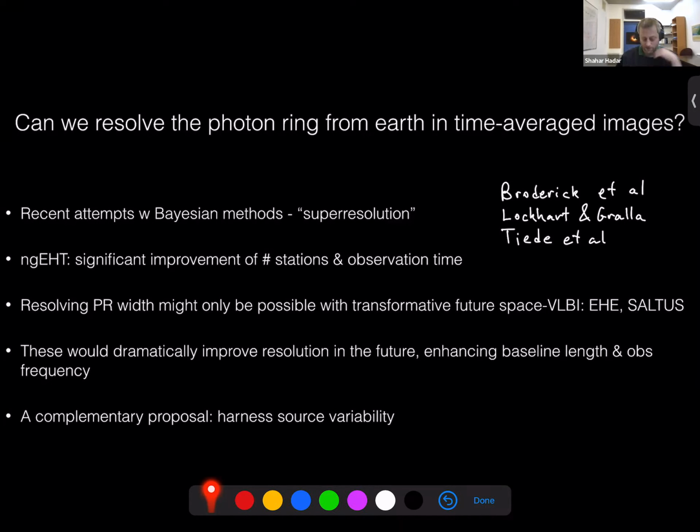Recently, these three groups studied the question of whether, using some Bayesian analysis methods or super resolution methods, we can still hope to resolve the photon ring with the ngEHT or even with current EHT data.